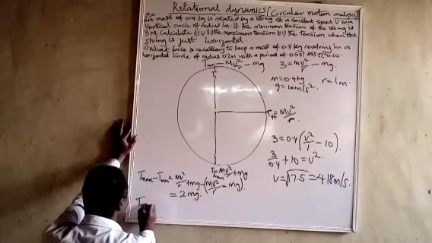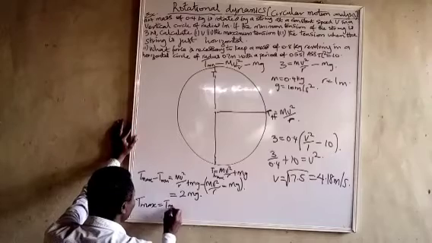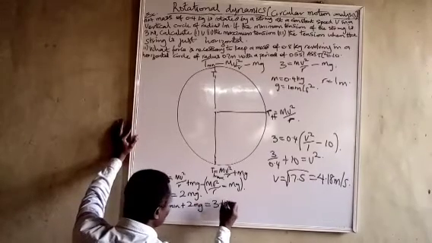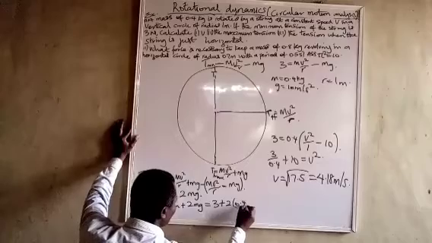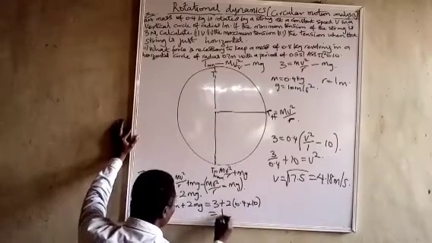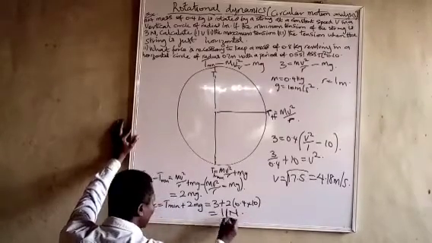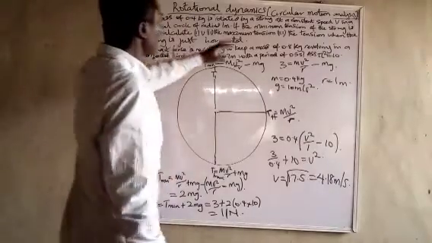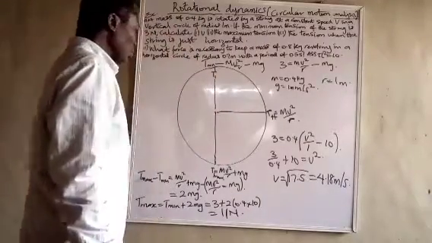Therefore, T max will be equal to T minimum plus 2mg, which is 3 plus 2 times 0.4 times 10, and that is 11 Newton. That's our T max. Now we are also asked, what is the tension when the string is just horizontal?